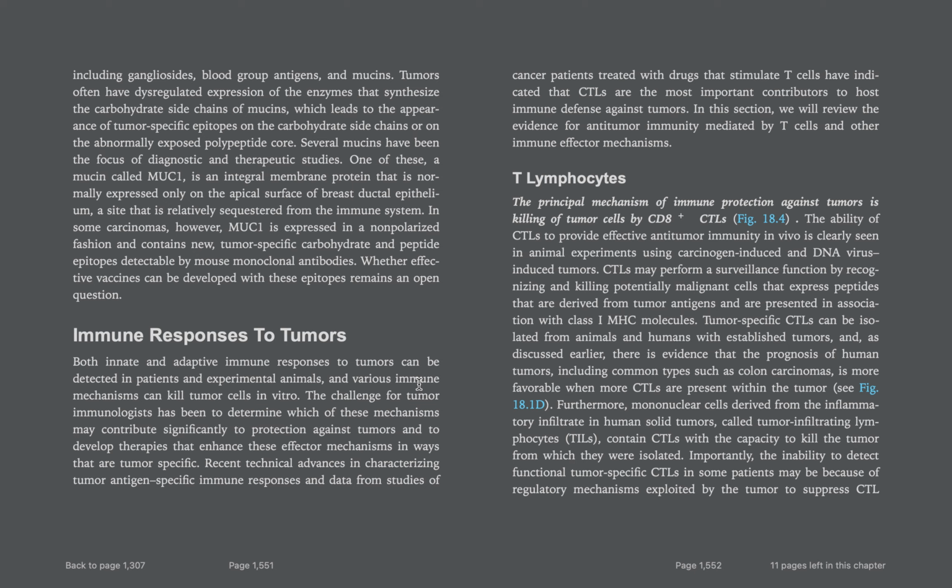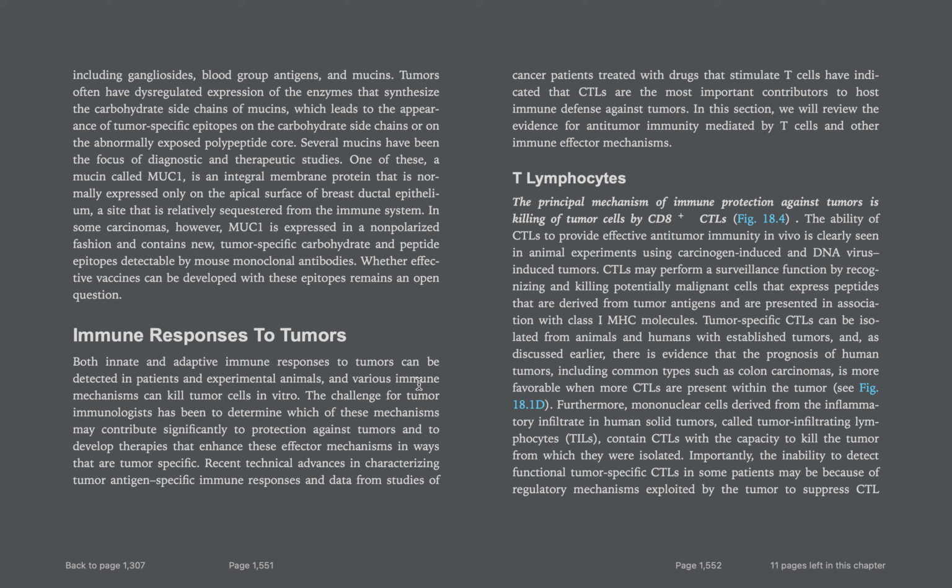There is evidence that the prognosis for human tumors, including common types such as colon carcinoma, is more favorable when more cytotoxic T lymphocytes are present within the tumor. Furthermore, monoclonal cells derived from the inflammatory infiltrate in human solid tumors, called tumor-infiltrating lymphocytes, contain cytotoxic T lymphocytes with the capacity to kill the tumor from which they were isolated.